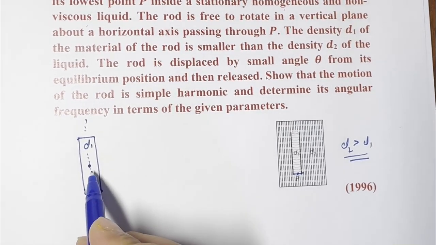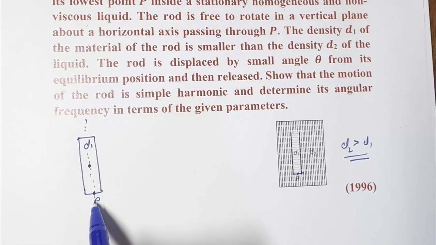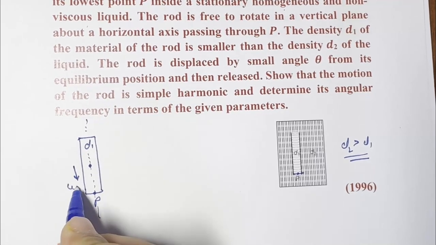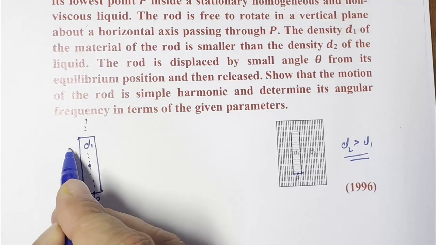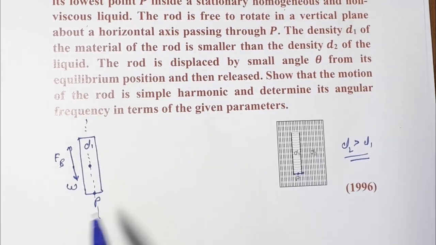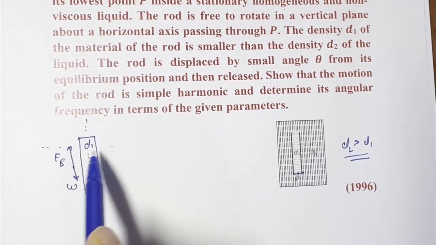So about the center of mass, there will be weight acting in the downward direction. Let us suppose that is W. And in the upward direction, there will be a buoyant force. Let us call that FB. Okay, and liquid is always present there.